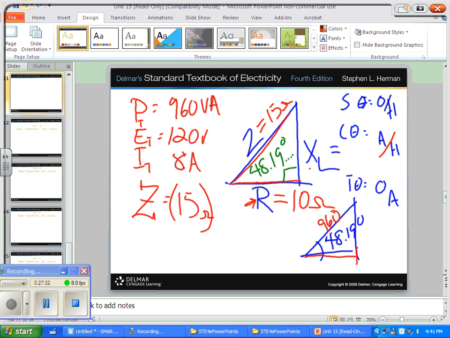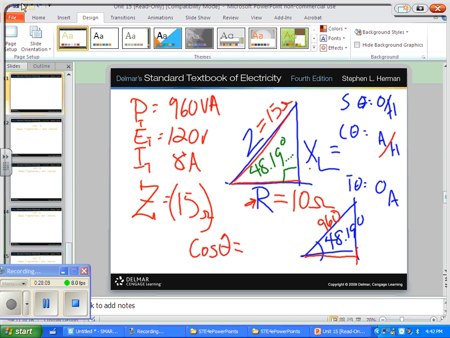Well, let's take 48.19 degrees, right? Okay. Hit cosine of 48.19 degrees.